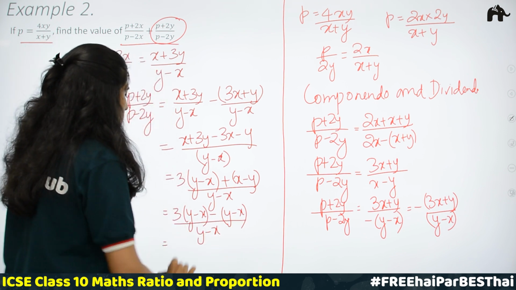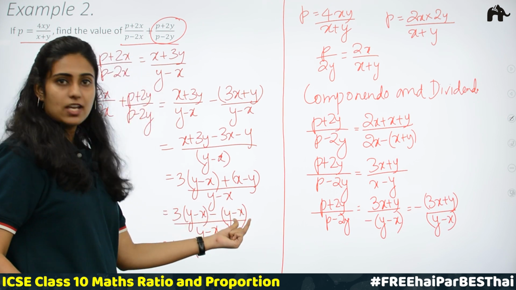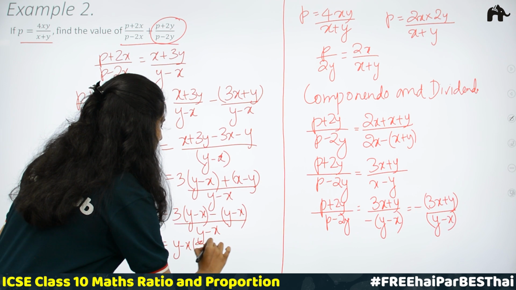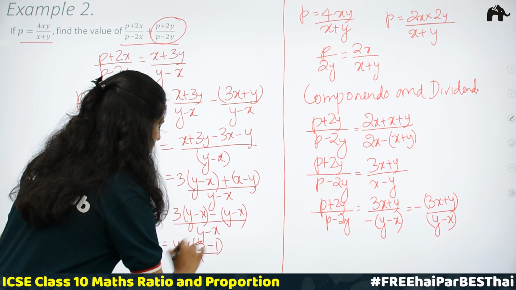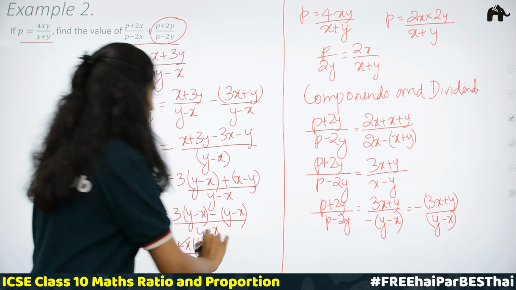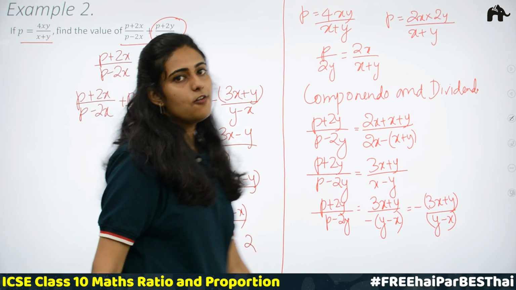Here (y minus x) is taken as common, remaining 3 minus 1, divided by (y minus x). This (y minus x) can be cancelled. Remaining it is 3 minus 1, that is equal to 2. 2 is your final answer.